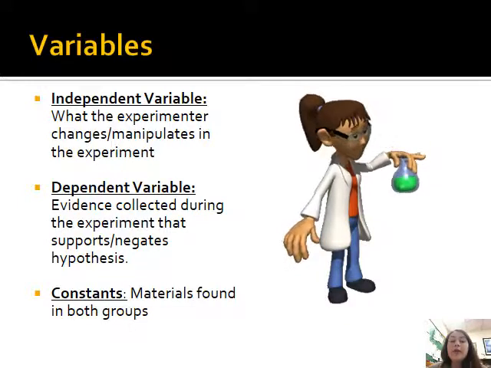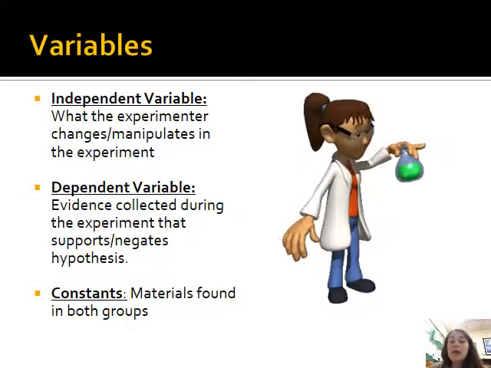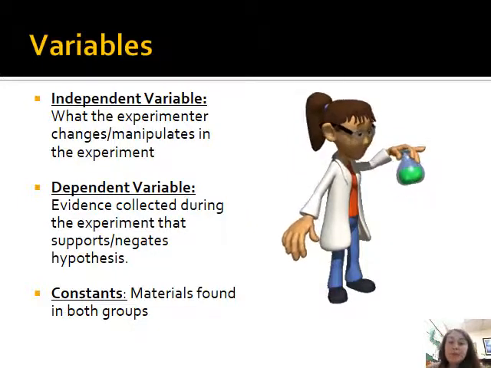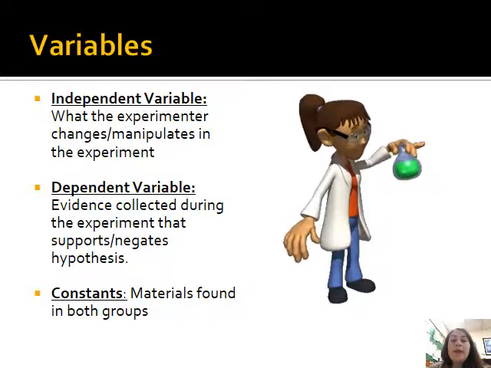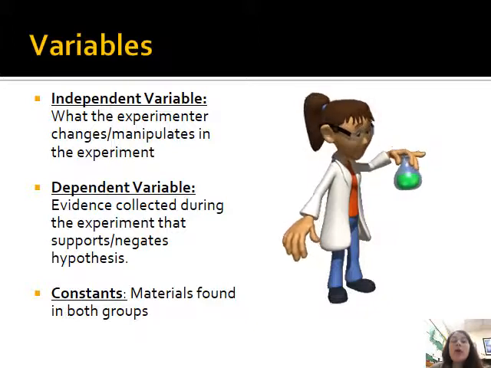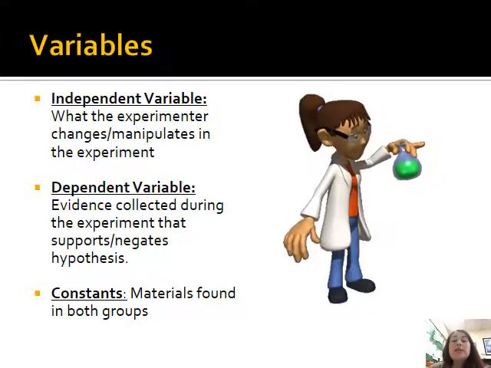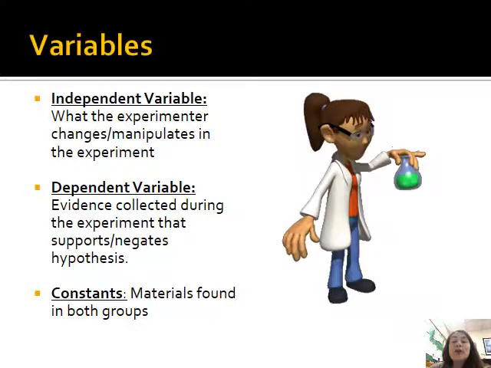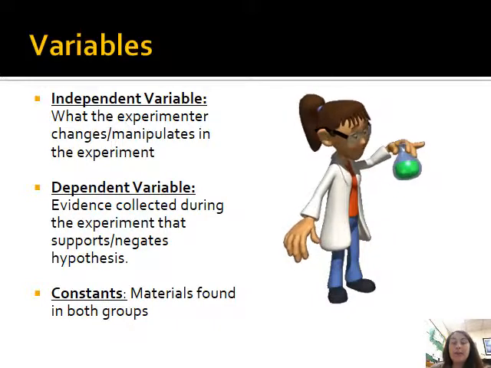The three variables that you need to identify are the independent variable, the IV, the dependent variable, the DV, and the constants. The independent variable is what I, the experimenter, will do to manipulate the experiment. So how am I changing the experiment?